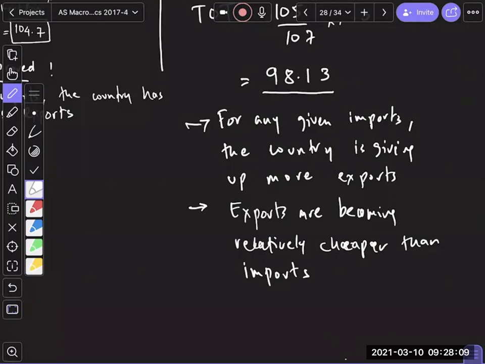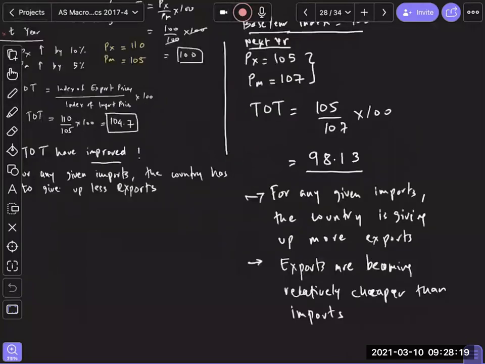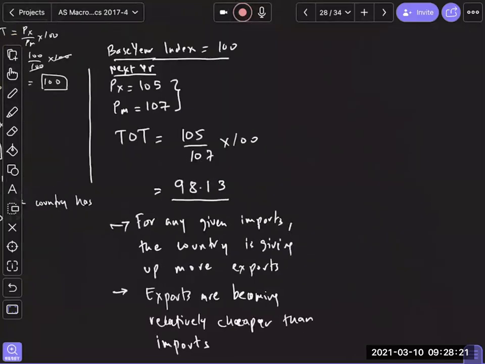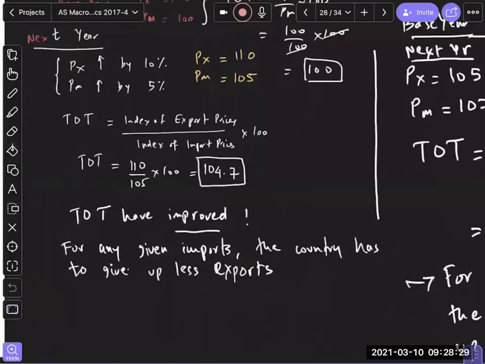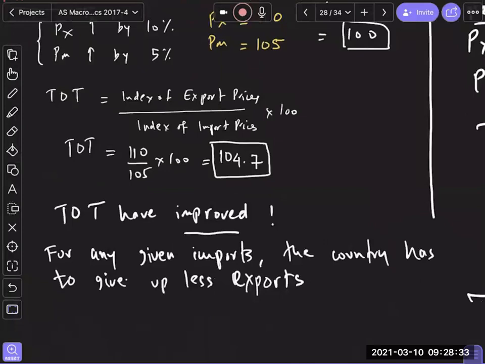Does that make sense, guys? So the idea of terms of trade standalone may not make sense unless we look at it in the context of who is selling the good. Is it somebody who has elastic demand or inelastic demand? Because if I say terms of trade has gone up, you'll be like, amazing, good news. But then your exports are going down. What would that mean?